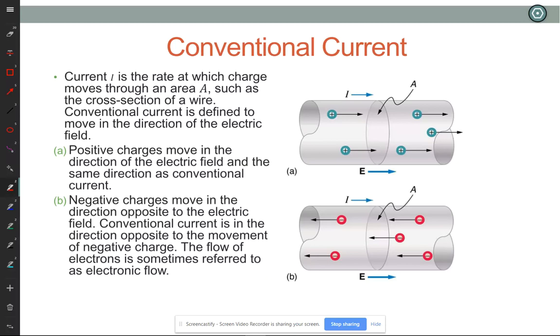And so for the same electric field, notice in both pictures, the electric field is pointing to the right. If it was a negative charge carrier, the force on the charge carrier is opposite the electric field, to the left. If it was a positive charge carrier, it would be to the right. The net result is the same current. A negative charge to the left is the same as a positive charge to the right.